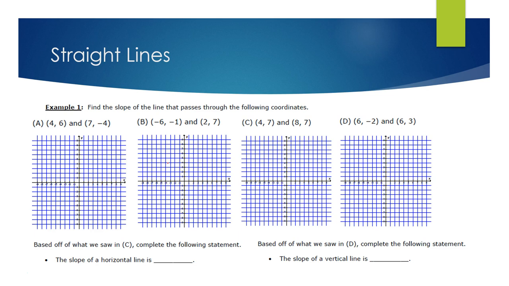Find the slope of the line that passes through the following coordinates. So if you have a graph and you want to plot the points, 4, 6 would be right here. 7, negative 4 would be right here.